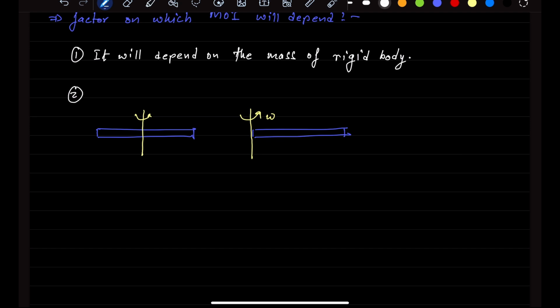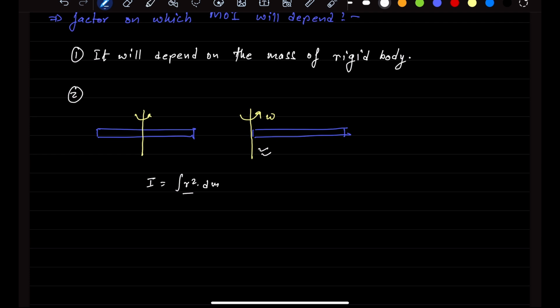So if you think about the formula, I equals integration of r square dm, where r is the perpendicular distance. So if r increases, then I will increase, although the dm may be the same, right? So from here we can understand that about this axis, mass is distributed over the maximum distance.